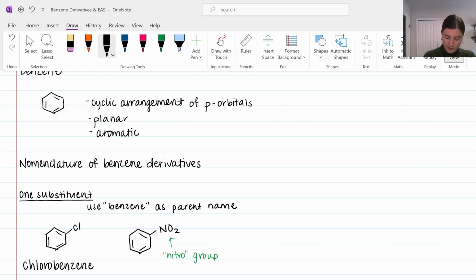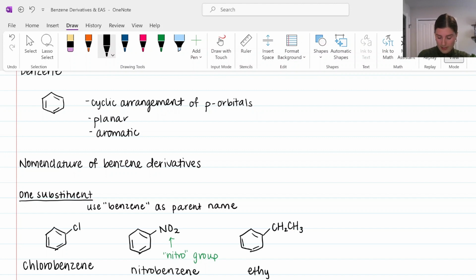And so if this is called a nitro group, nitro substituent, then this molecule is nitrobenzene. Here's one more example with a substituent that you should recognize. This is an ethyl group, so this is ethylbenzene.